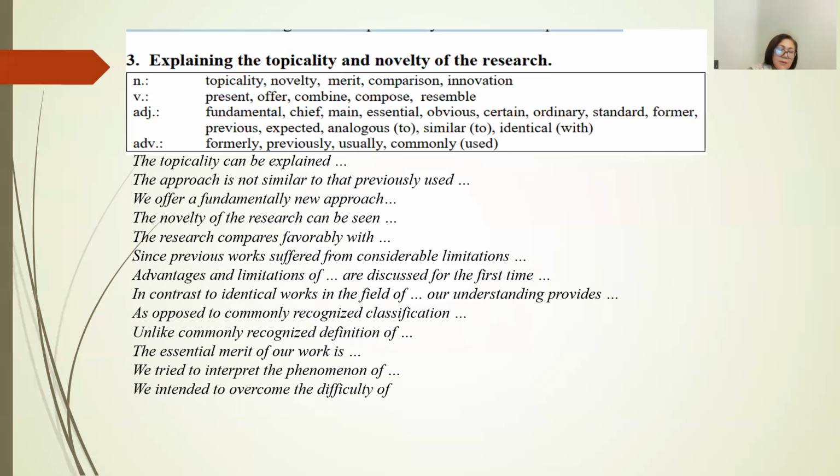Also, you can see the examples, and these examples are not complete again, so you have to finish writing of these phrases. For example, the research compares favorably with. We intended to overcome the difficulty of. So please write them down in your notebooks.